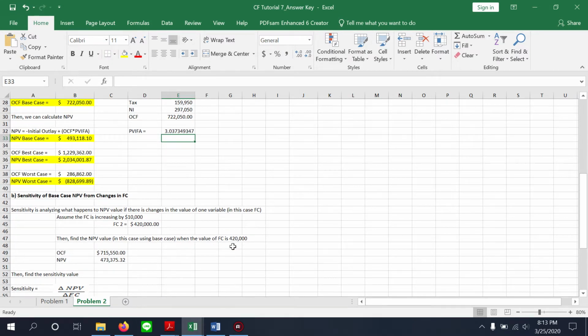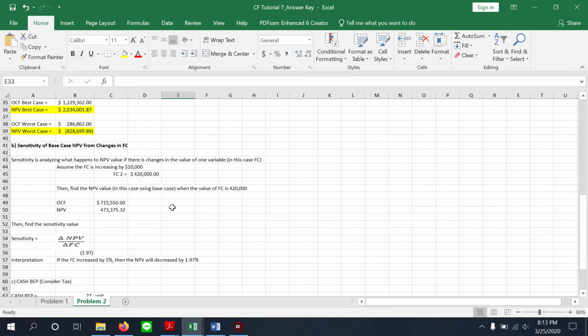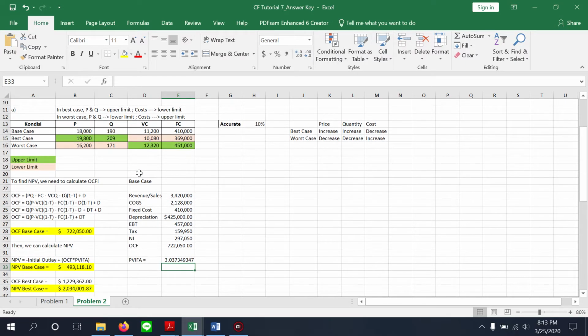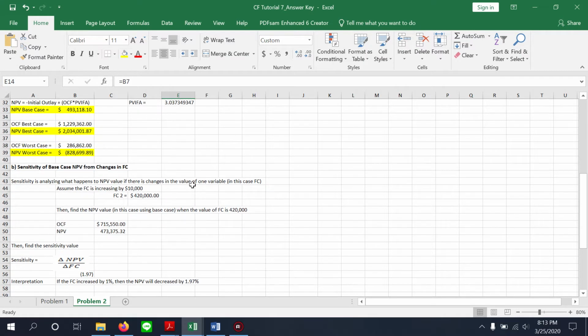Now, for part B, we are trying to find a sensitivity from the base case. Basically, we're trying to figure out if the fixed cost changes, how much it will affect you. So in here, assume that the fixed cost, which is here 410,000, becomes 420,000, basically an increase of 10%.